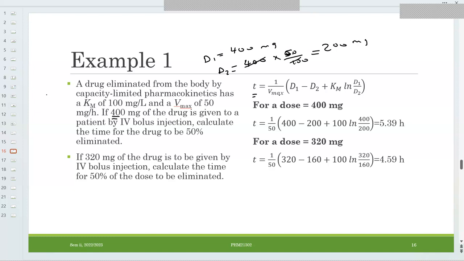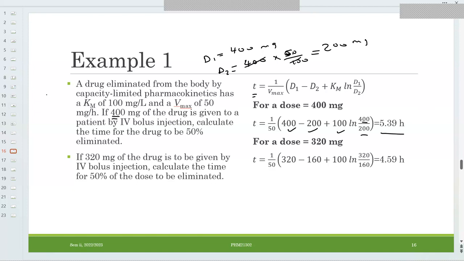So just apply the same equation, time equals 1 divided by Vmax, D1 minus D2, which is 400 minus 200. We put the value of Km, 100, and then D1 divided by D2. So it will take about 5.39 hours.